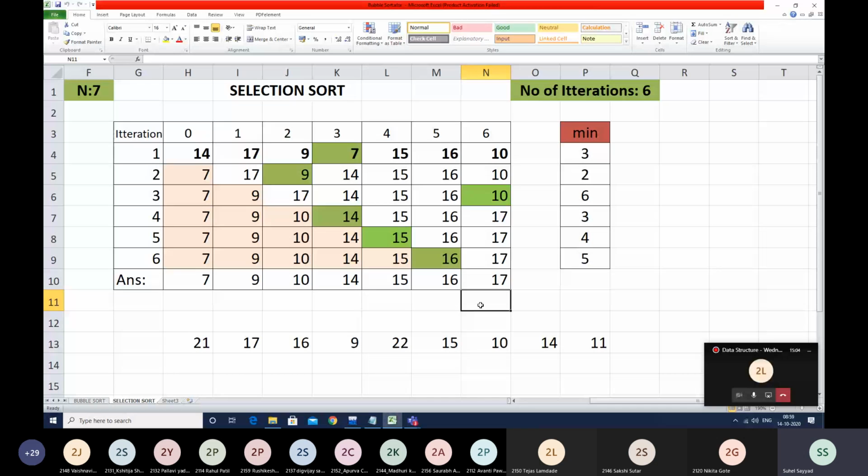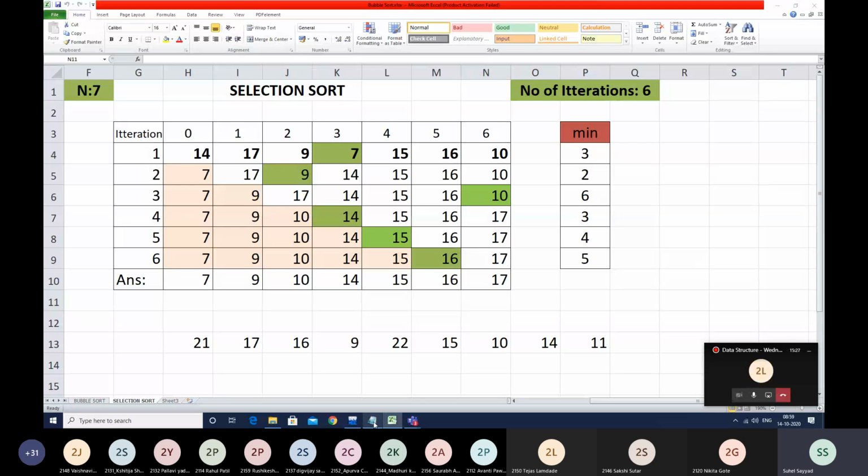In the last lecture, we were discussing the selection sort technique, and we saw the numerical of how to sort the given elements using selection sort. The philosophy of selection sort is that it takes n minus 1 iterations for sorting, and in every iteration we pick the smallest number from the input and place it in its appropriate position.